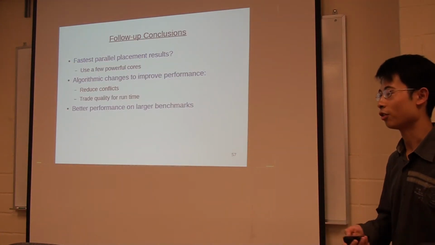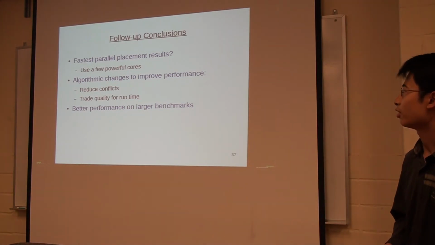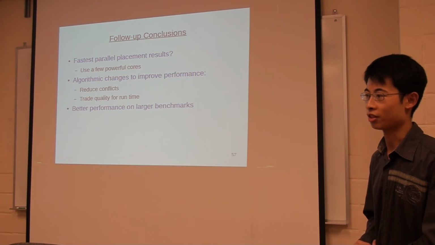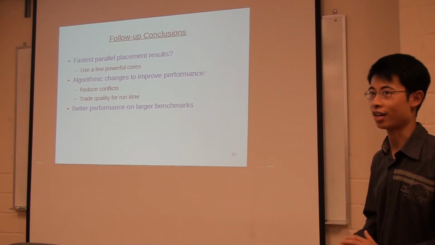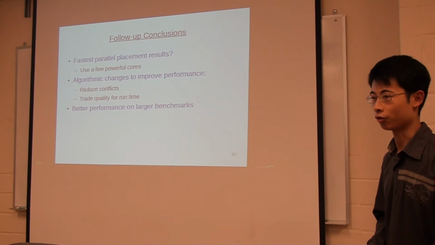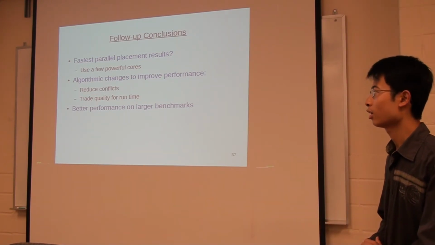So to wrap up the follow-up work, which is still ongoing, the first conclusion is that if absolute performance is the concern and you want the fastest possible parallel placement results, you should use a few powerful cores, not the many core platforms we've tried.